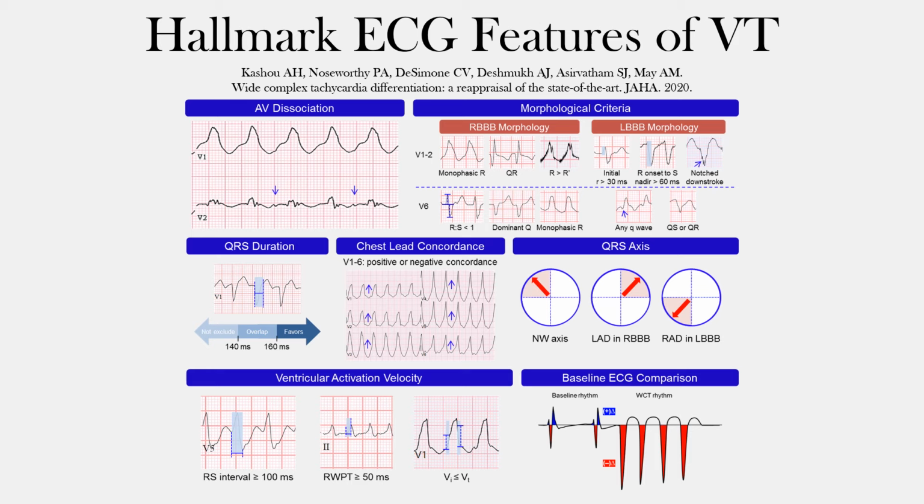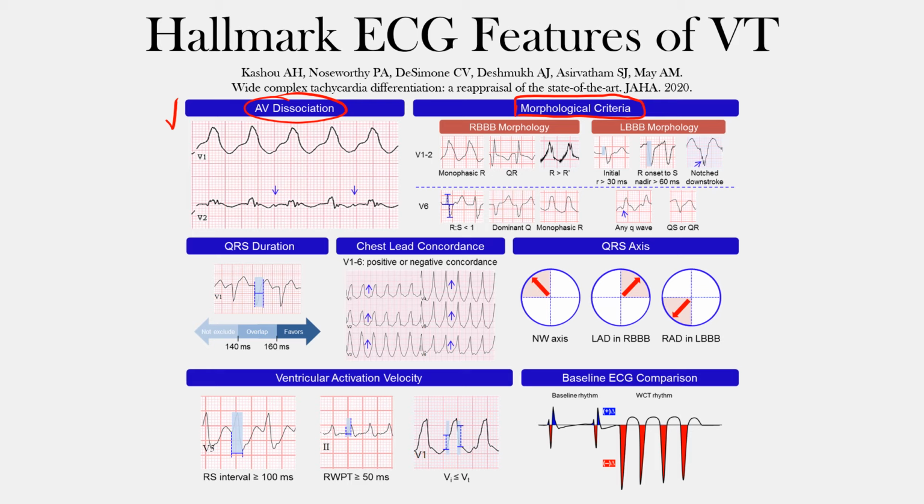Available methods today that we use to interpret on the EKG examine the relationship of atrial and ventricular depolarization, that is, the presence or absence of AV dissociation, and we looked at that previously. They also look at the QRS morphologic criteria, which is our focus today, as well as the QRS duration, chest lead concordance, QRS axis, ventricular activation velocity, and comparison to the baseline EKG.